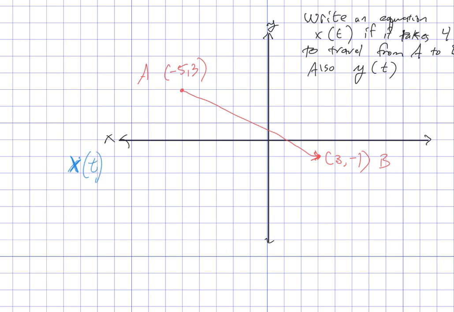Much like you've done in the past, for this part anyways, you're thinking y equals mx plus b, and my change in x over time.